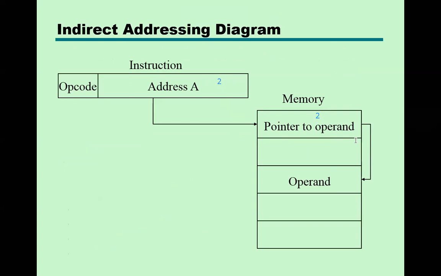So a huge address space is available in indirect addressing compared to direct addressing. Because in direct addressing, if 2 bits are available, 2 raised to 2 means only 4 different addresses you can write in this field. But here, because it is indirect, there are a few bits here and a few bits again here, and by the combination of both, a huge number of addresses can be created in indirect addressing mode.